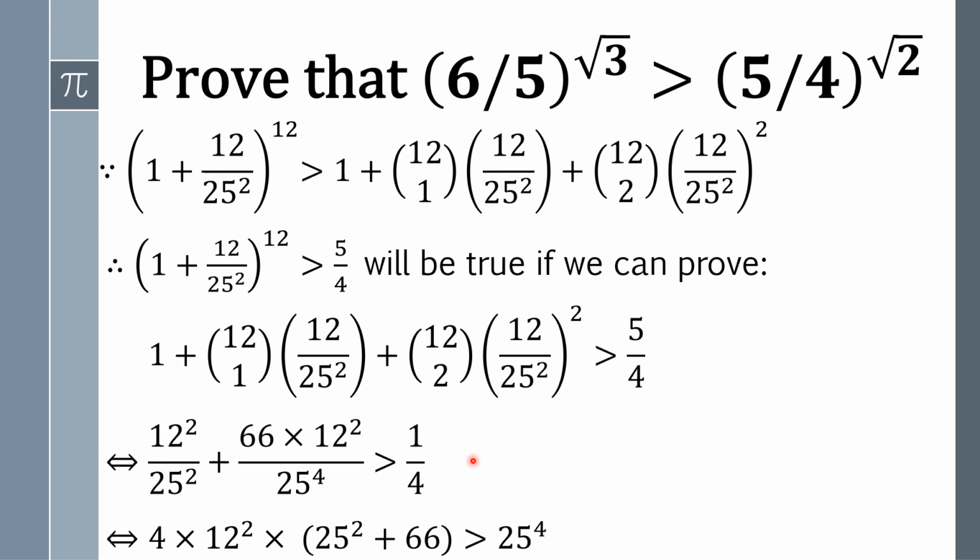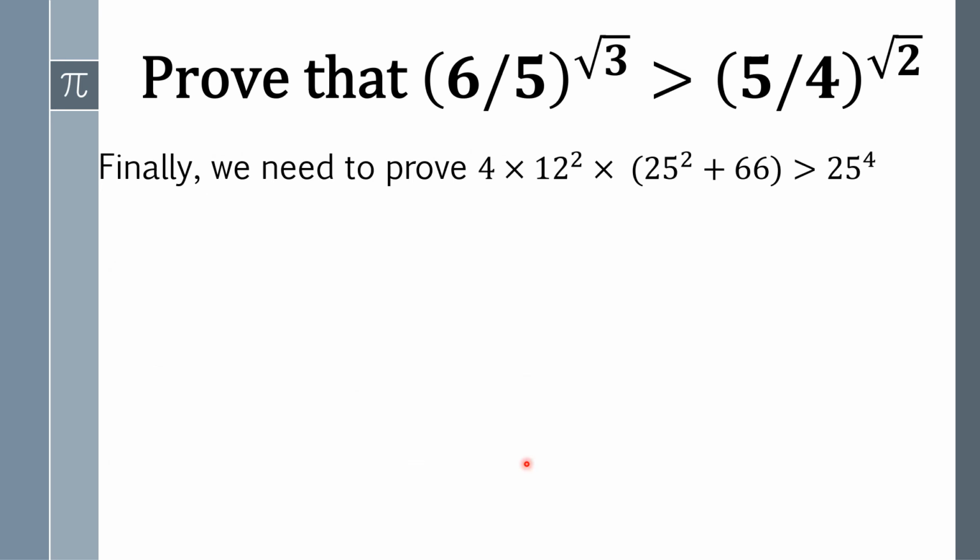And we multiply both sides by 4 times 25⁴ and get 4 times 12² times 25² plus 66 larger than 25⁴. This is fairly easy to prove, but still, if we use some tricks, we can make the proof easier.